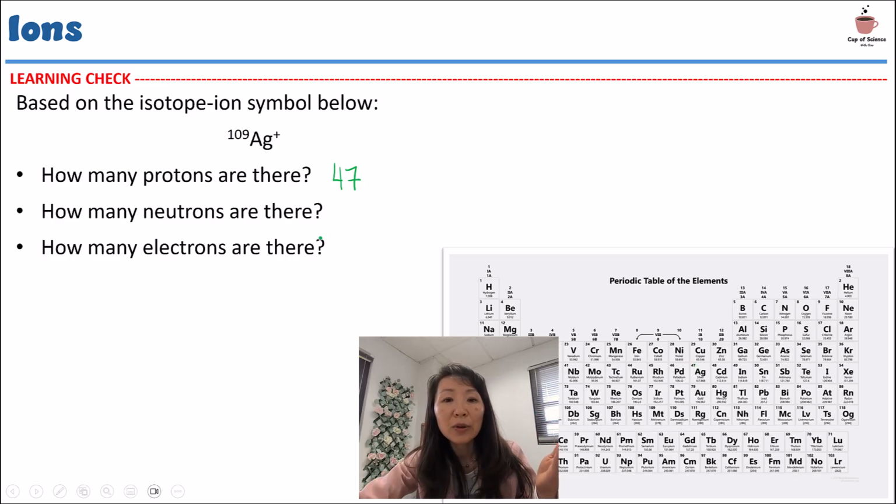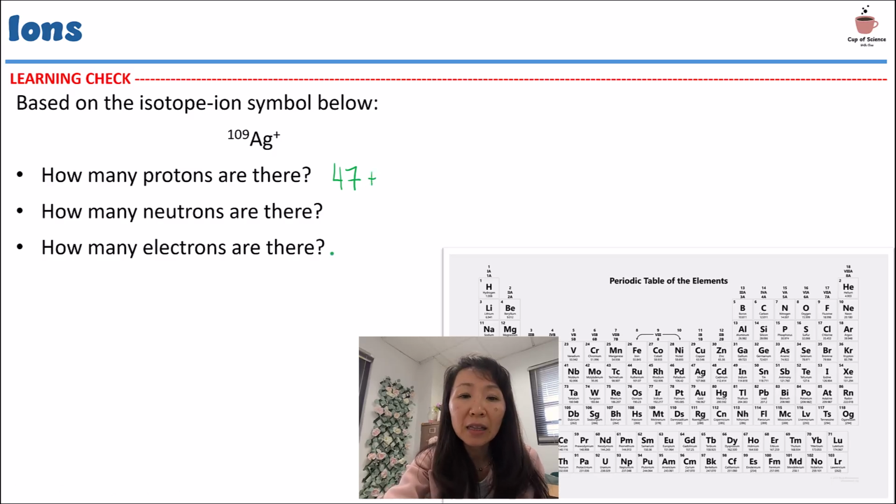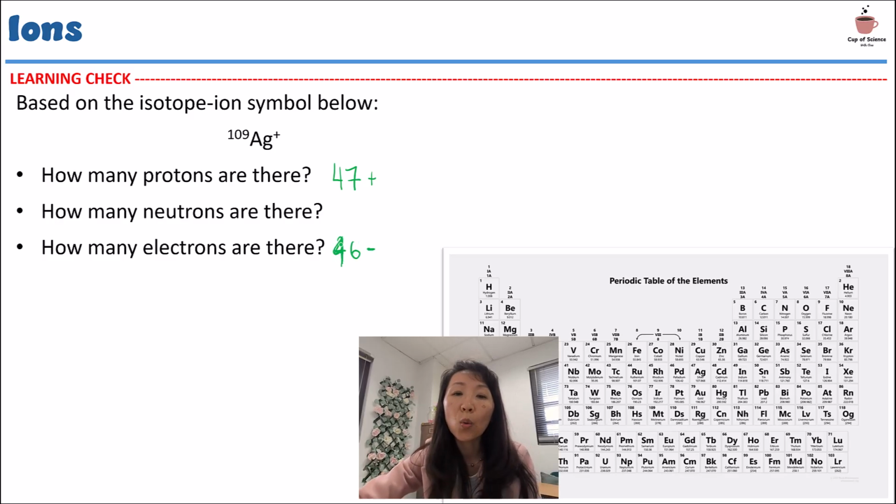Now let's go into electrons. How many electrons? It has an overall net charge of +1, okay? So that means the electrons should be one less than 47, so 46 electrons. What about neutrons? This corner number here is the mass number.